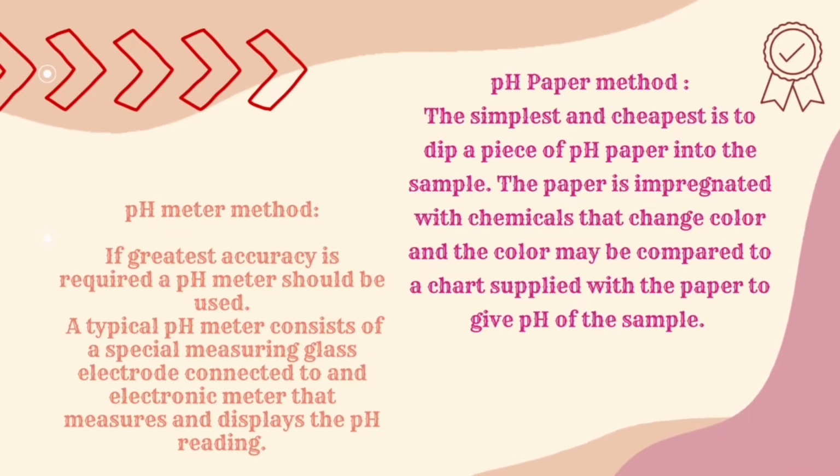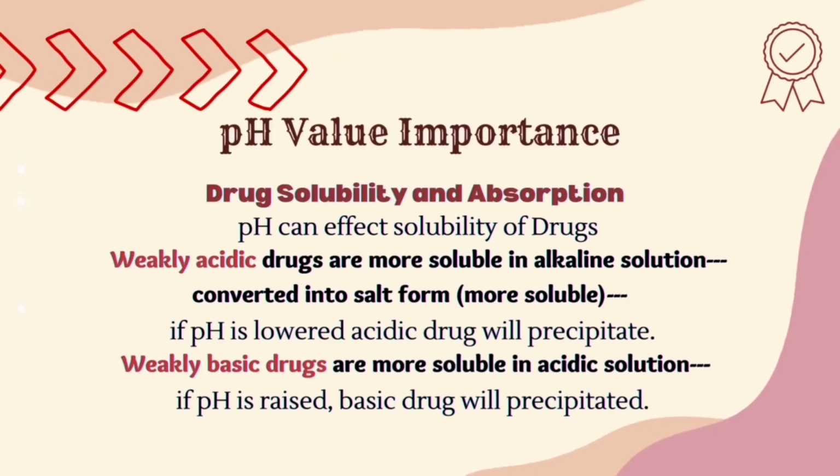The paper is impregnated with chemicals that change color, and the color may be compared to a chart supplied with the paper to give the pH of the sample. pH meter. If the greatest accuracy is required, a pH meter should be used. A typical pH meter consists of a special measuring glass electrode connected to an electronic meter that measures and displays the pH reading.